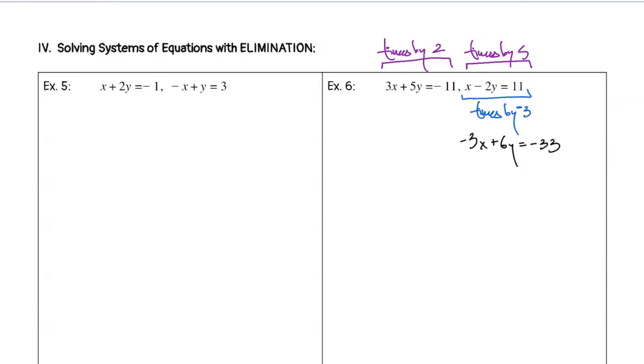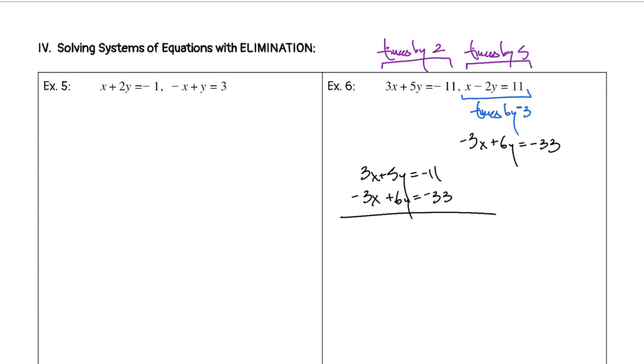Now, if I stack my two equations, 3x plus 5y equals -11, and I stack that on top of the other equation, do I add these equations or do I subtract them? We add them. Right?